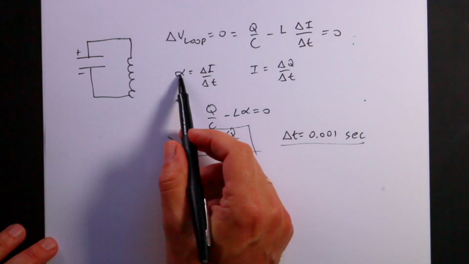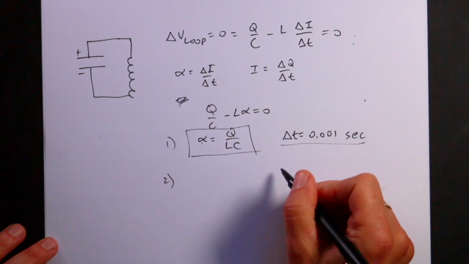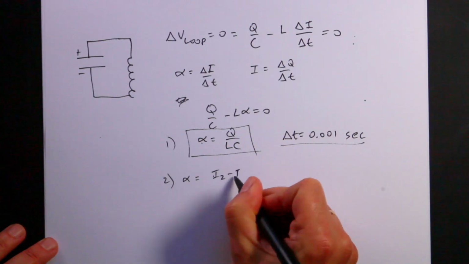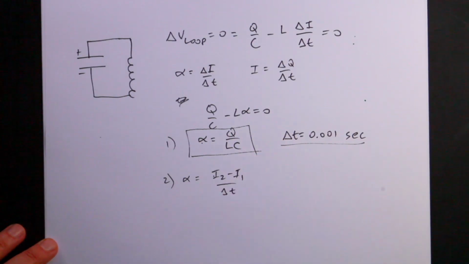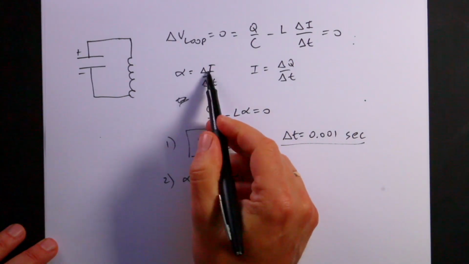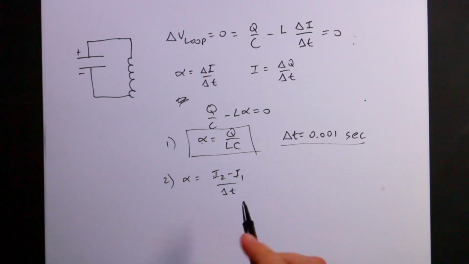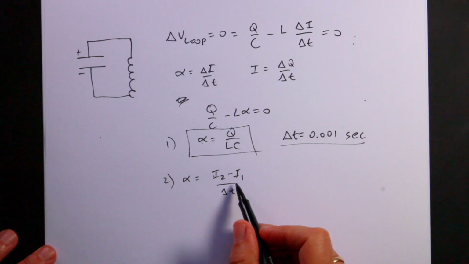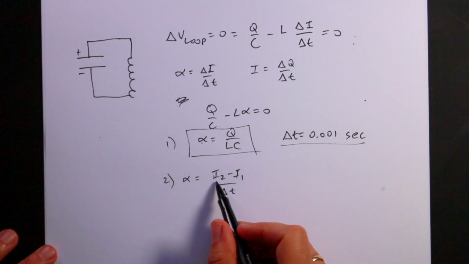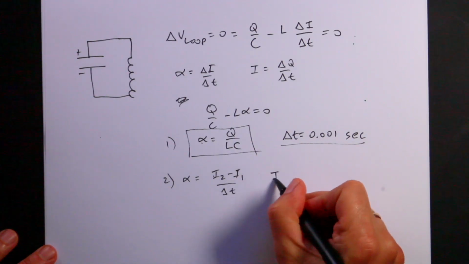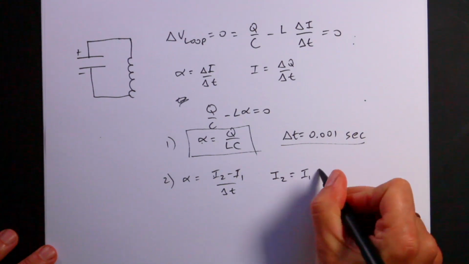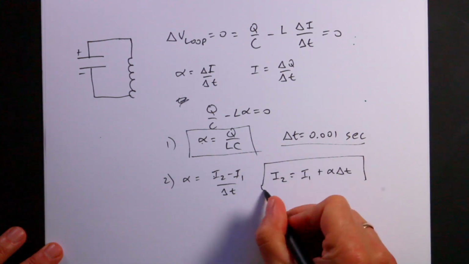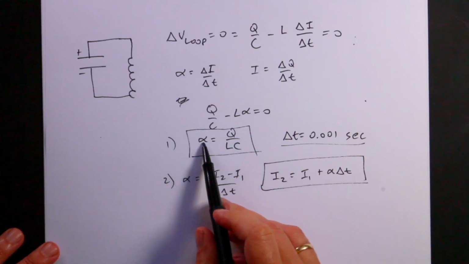Now if I go up here, I can say alpha equals I2 minus I1 over delta t. So this is the change in I, right? I2 is the current at the end of the time interval. I1 is the current at the beginning of the time interval. If I solve this for I2, I get I2 equals I1 plus alpha delta t. So this means I just calculated alpha.